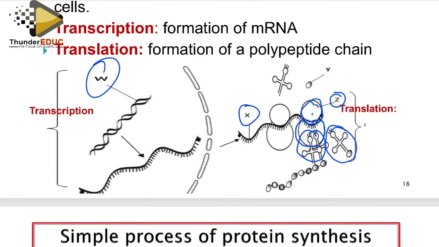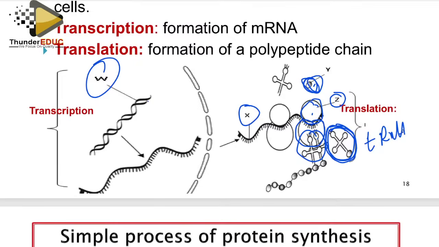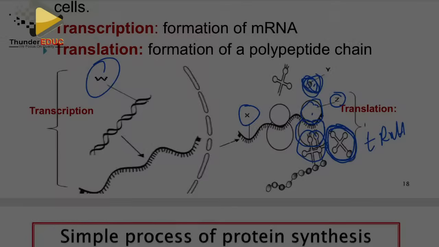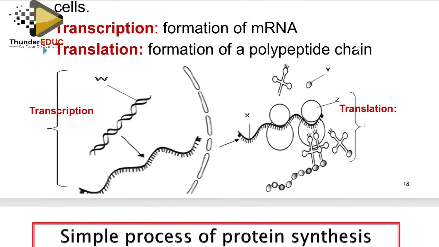Those are amino acids. What is this? No, no, no. This is transfer RNA. These are amino acids. So we are saying that this is an amino acid.